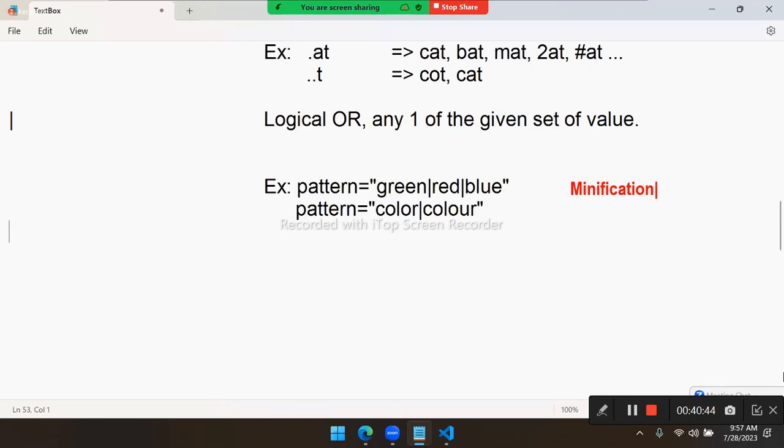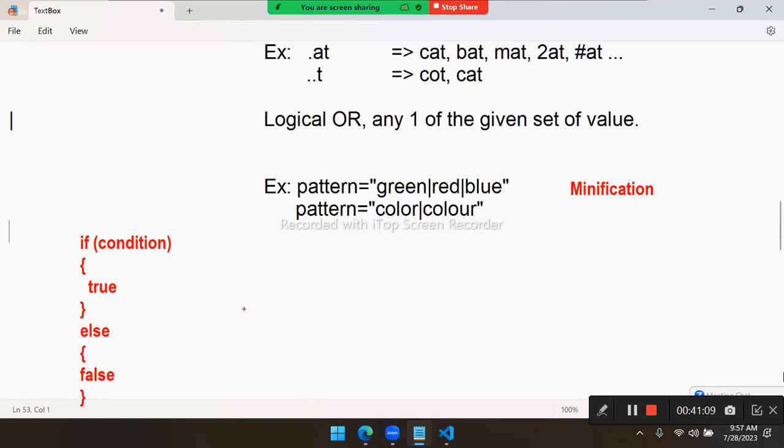For example, suppose you are having an if condition. If we are writing a condition, if the condition is true, what statement, and else, if the condition is false, what statement. Like this, we write something.